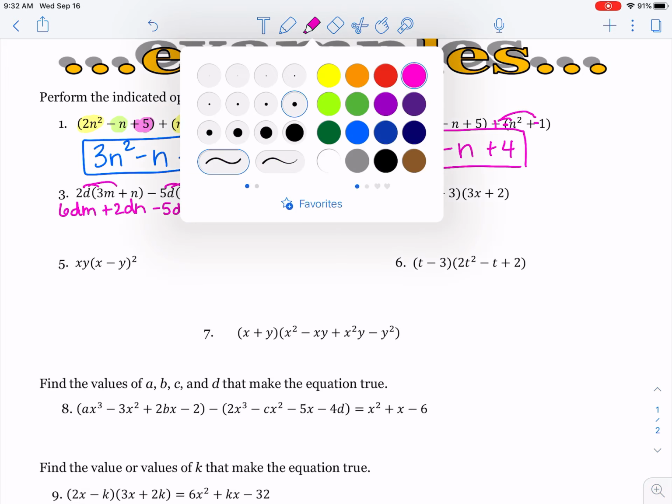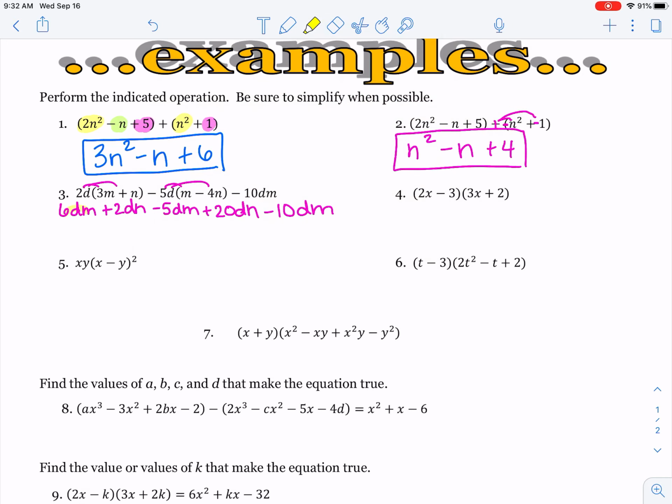So then I'm going to look for all of my like terms. I have dm's. 6 minus 5 is 1, minus 10 is negative 9. And then I have my dn's, 2 and 20 is 22. Oops, 29. Not even sure where that came from. 22.